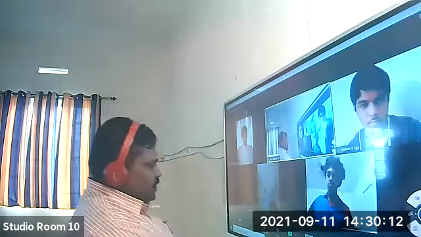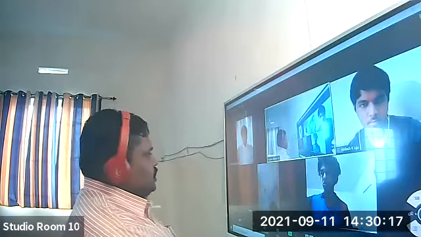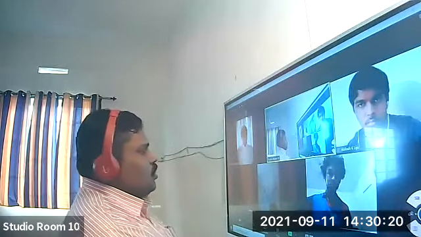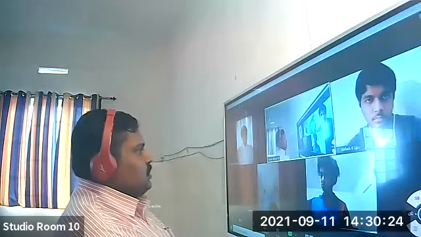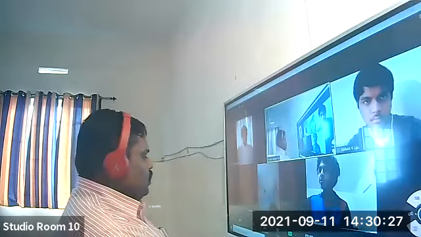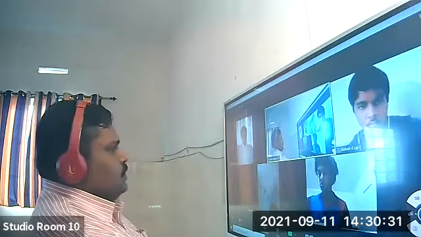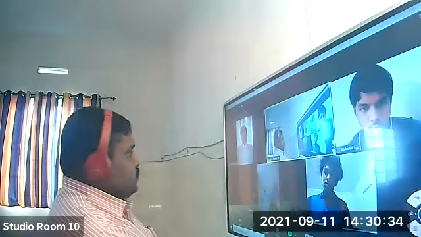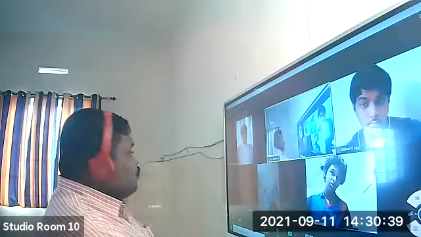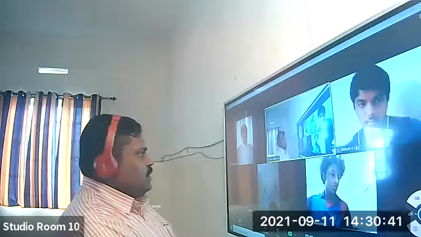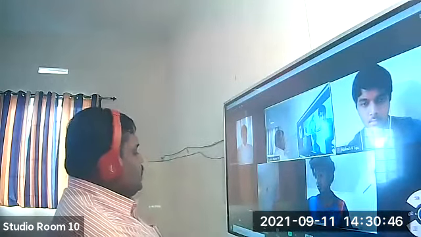Today we are going for a small group discussion on this topic, rights: the importance of rights, and what your understanding of the term rights is. Discussions and negotiations are necessary. Negotiations in the sense that you have to prove your point with relevant supporting materials or statements.